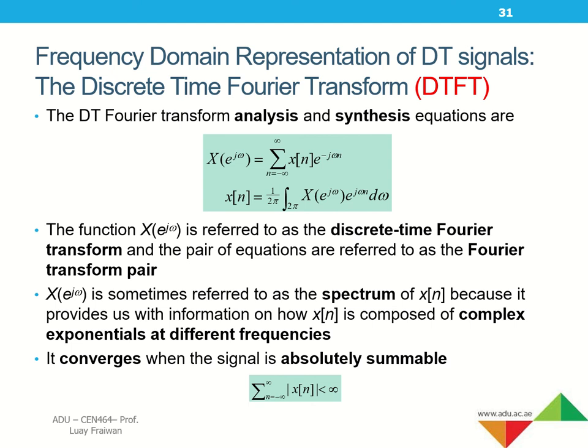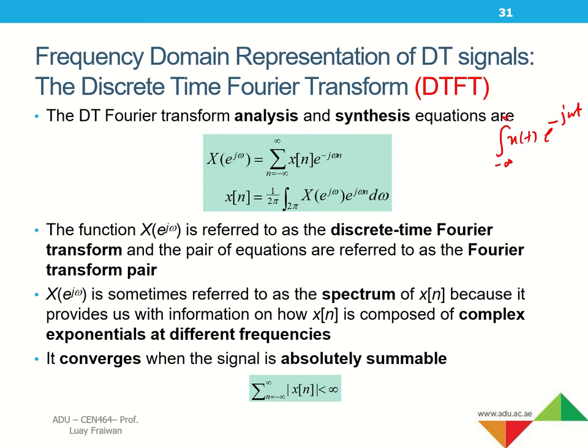The last thing is the discrete time Fourier transform. We have learned in continuous time systems that we can take the Fourier transform of the system by integrating the input multiplied with the exponential signal, like x of t times e to the power minus j omega t.